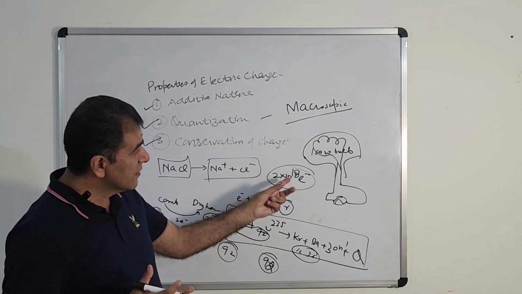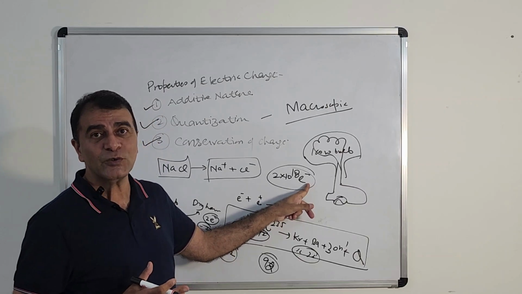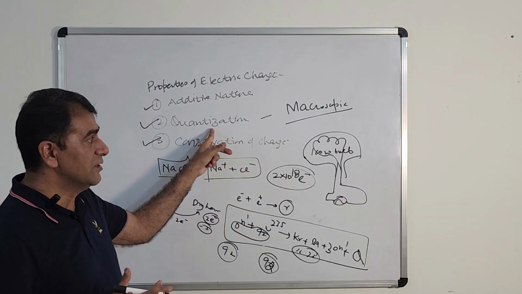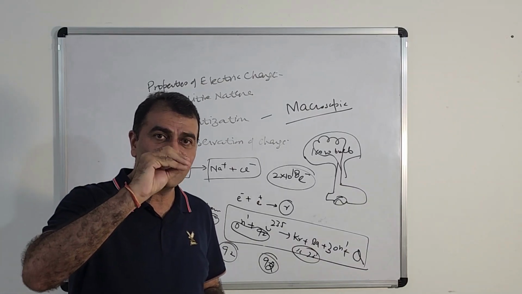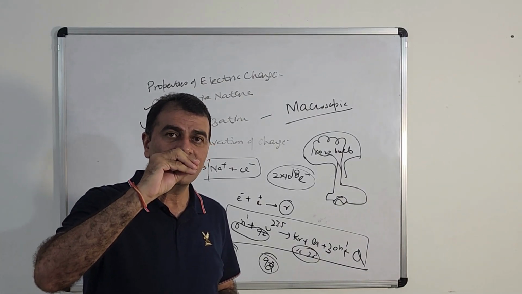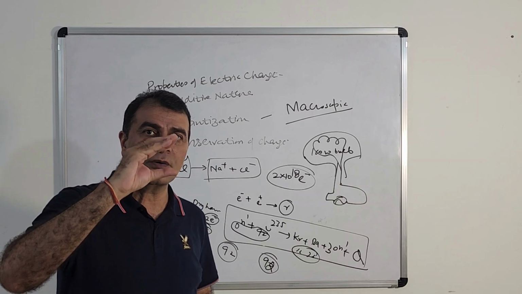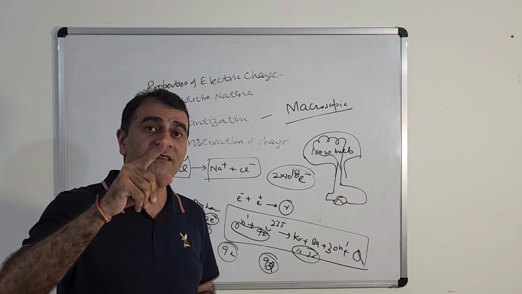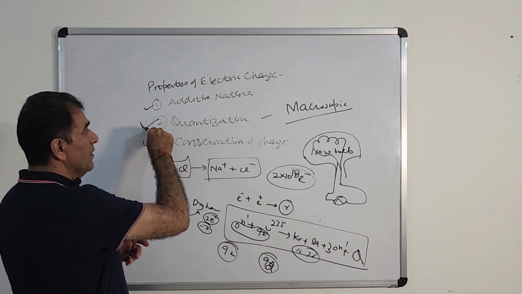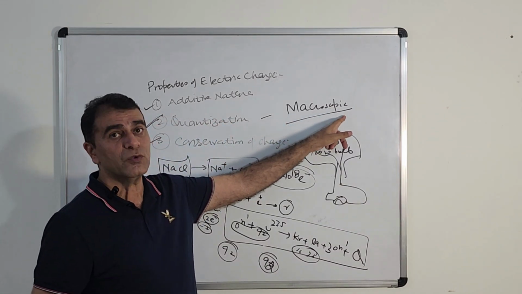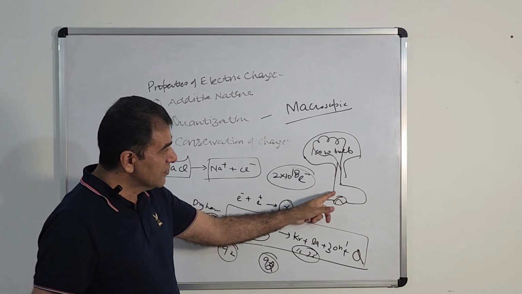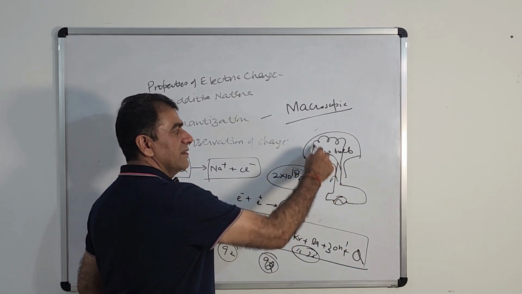If the electrons are discrete according to quantization in this bulb, then this bulb should flicker. Once it should be off, then on, off, on, off, on, because it has discrete values according to quantization. So quantization is not applicable when the objects are macroscopic. Then we say that there is a continuous electron supply.